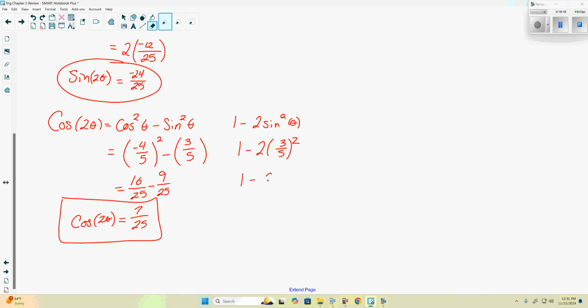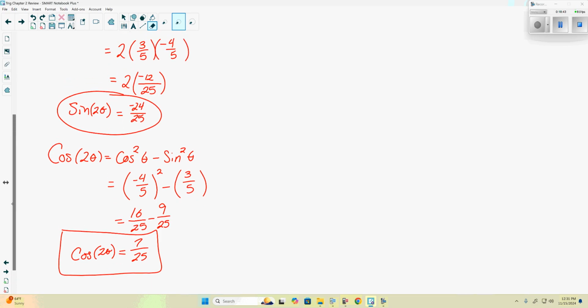That'd be 1 minus 2 times 9/25, which is 1 minus 18/25, which is still 7/25. So no matter which equation we use, we will still get the same answer. We just have to pick one of those and do that.